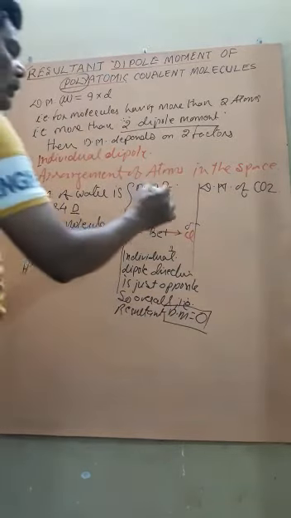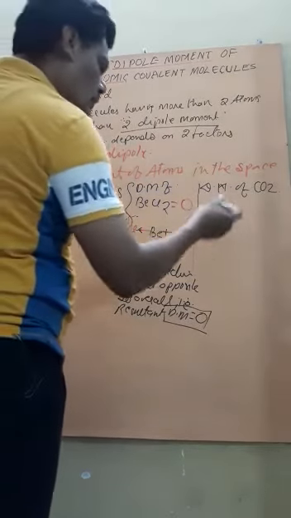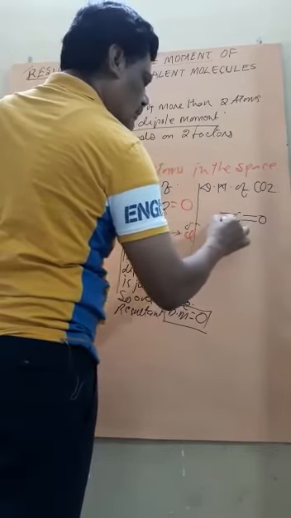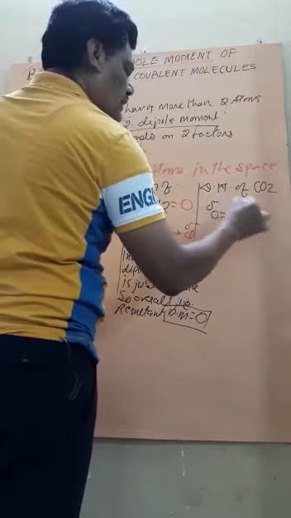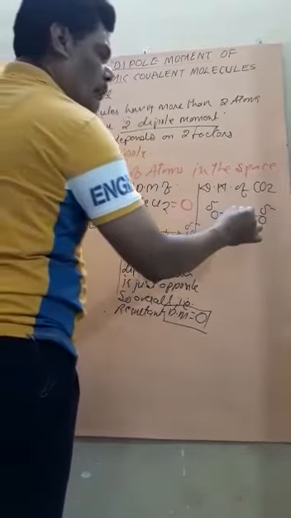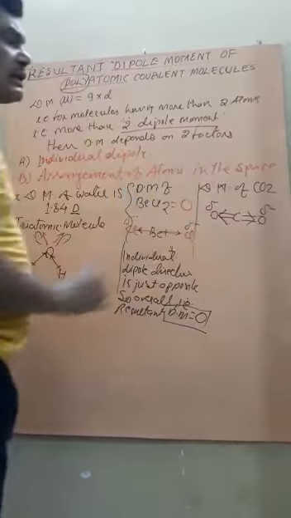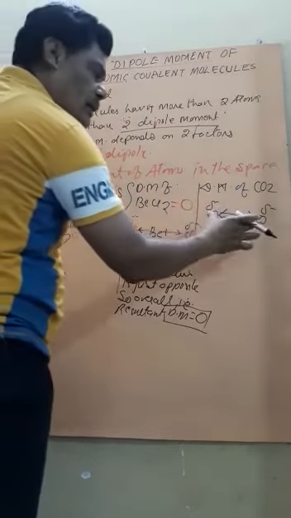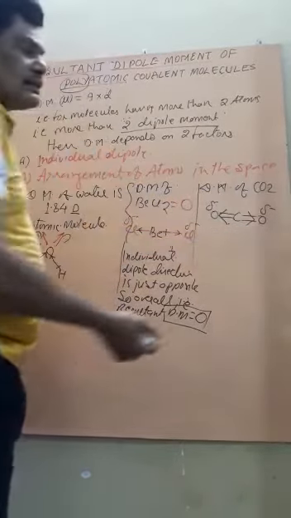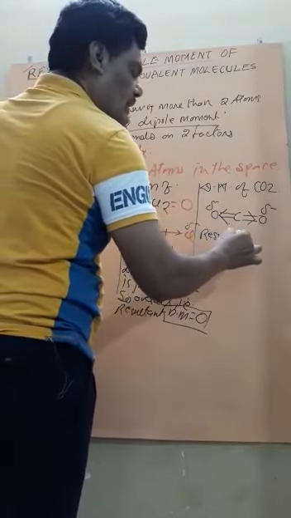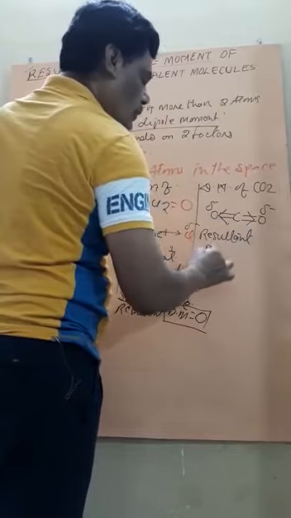Therefore, its overall dipole moment is 0. Again, in the case of CO2, this is C, and this is double bonded O. Now this is delta negative, delta negative. So the dipole moment is in the direction of O, and here also it is in the direction of O, but they are in opposite direction. Therefore, the resultant dipole moment is again 0.